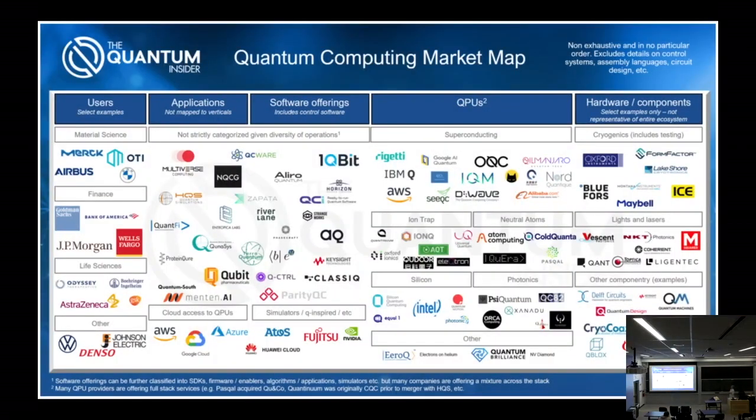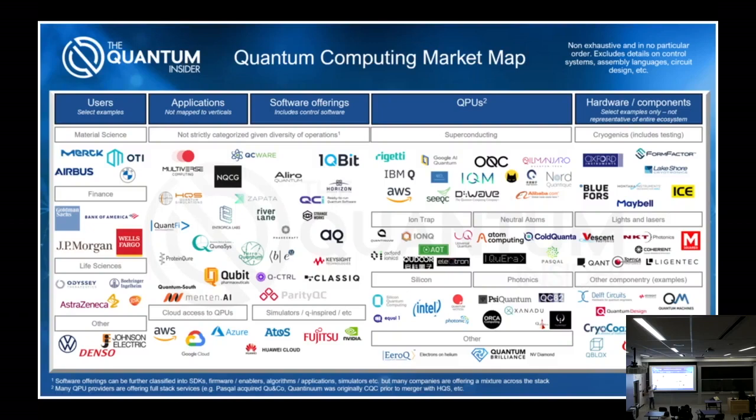So if we look at the current market map for quantum computing or quantum information in general, you can see that it's a very complex landscape. We have just a snapshot of who might use this technology eventually, and there's people like Bank of America or Merck on there.